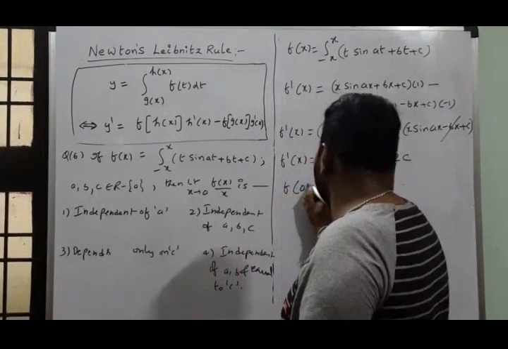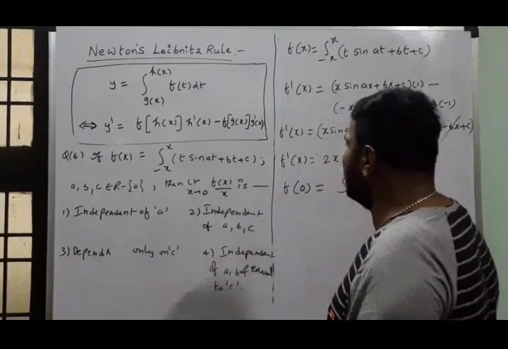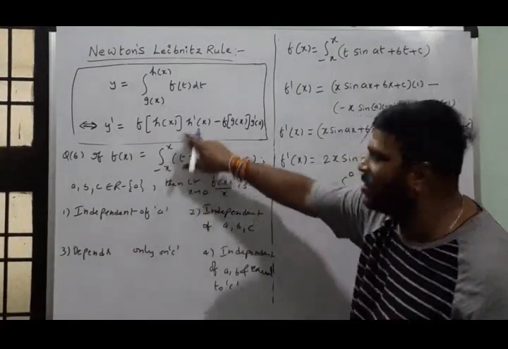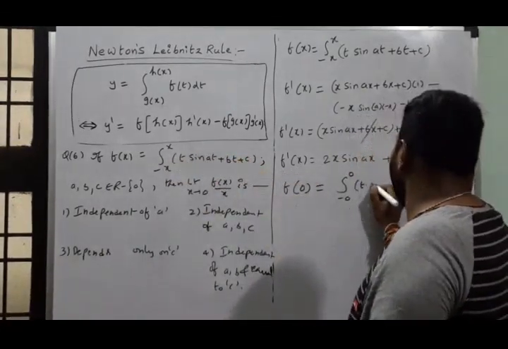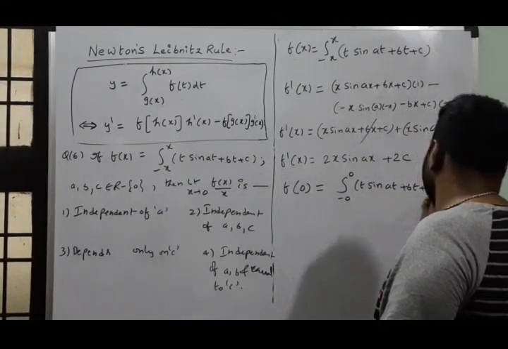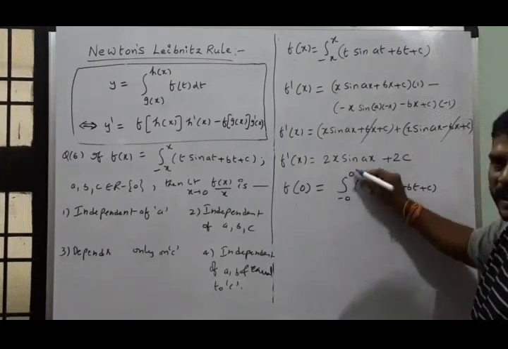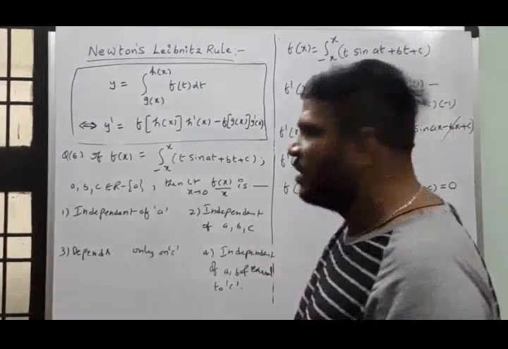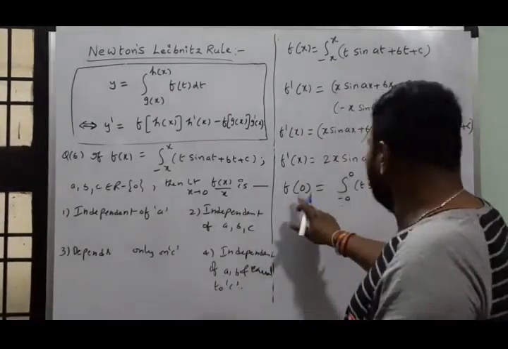Now find f of 0. f of 0 is integral from minus 0 to 0, substitute 0 here, of t sin at plus bt plus c. Here upper limit and lower limit both are equal, so this value is 0, f of 0 is 0.